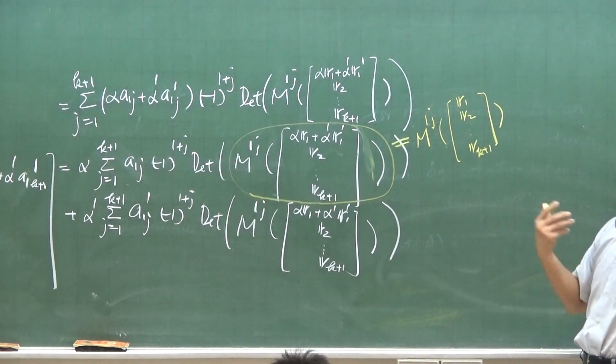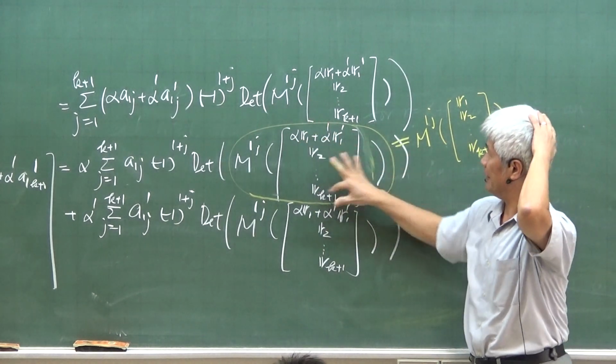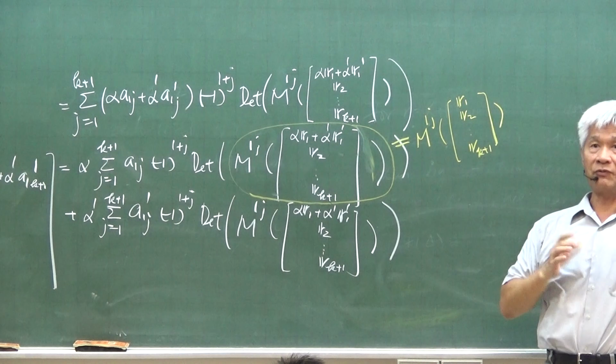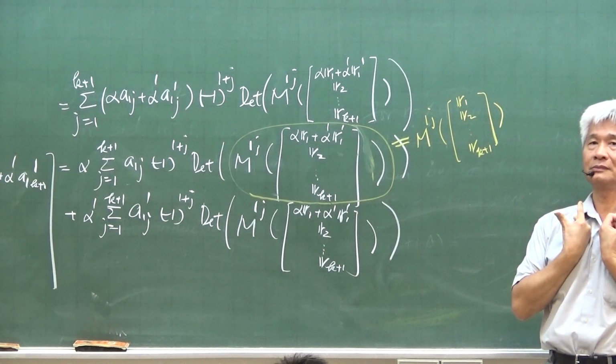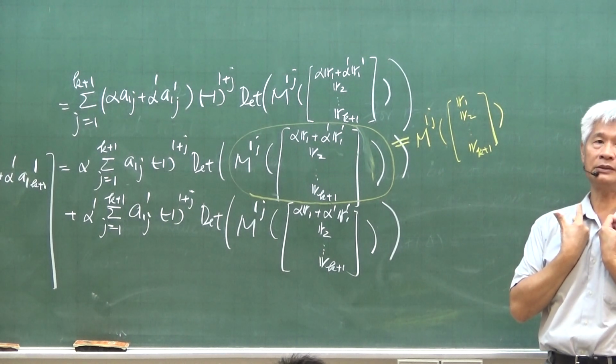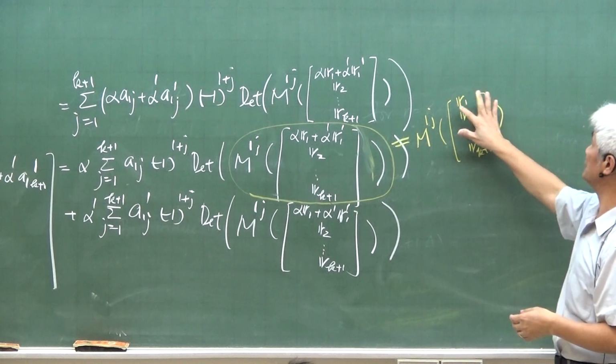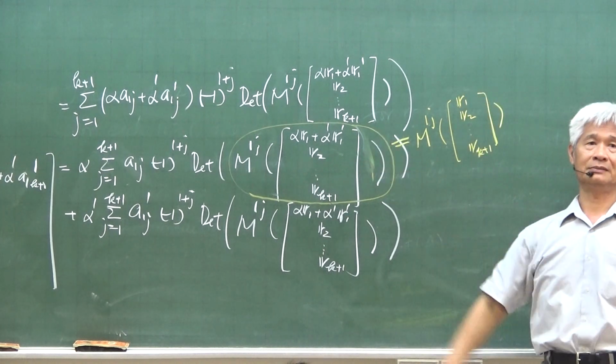My purpose is just to replace this matrix by this matrix, but in reality I can replace the first row by any row vector.